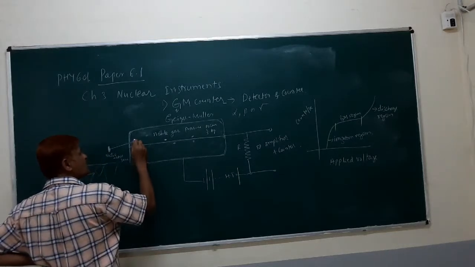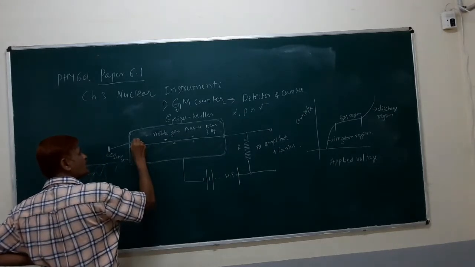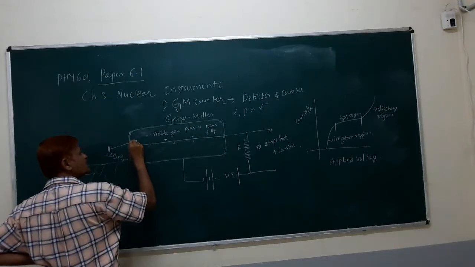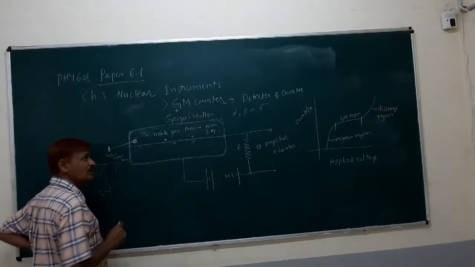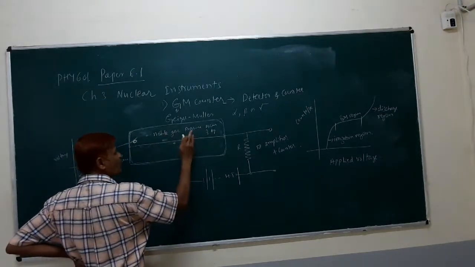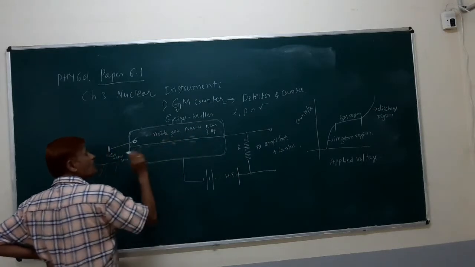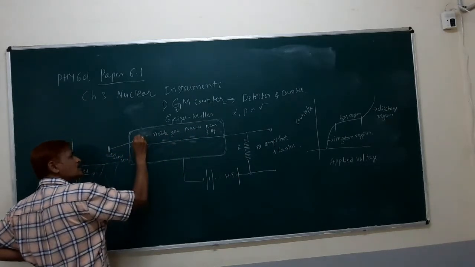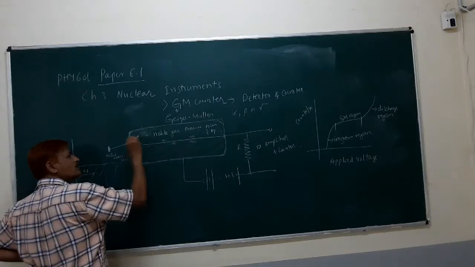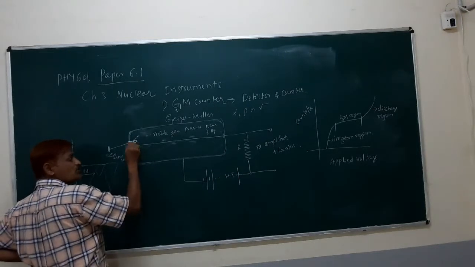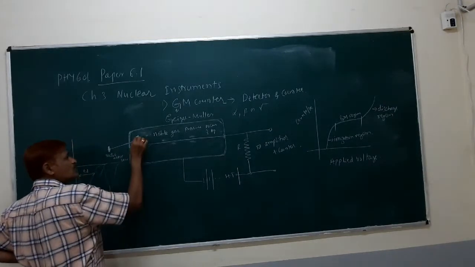Okay, see this. This is the atom. This radiation knocks the electron out of the outer orbit. The electron comes out and this is a positive ion now, right?